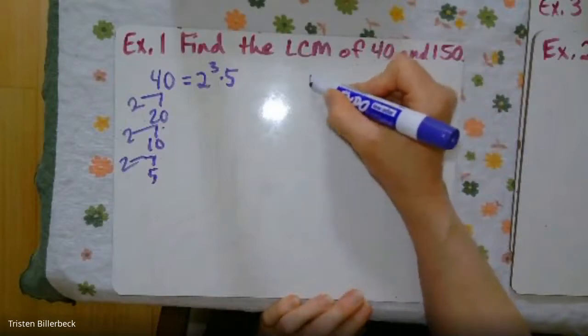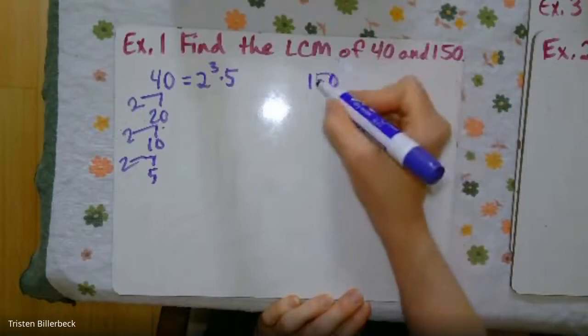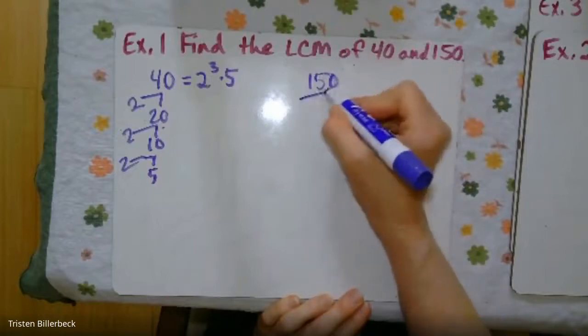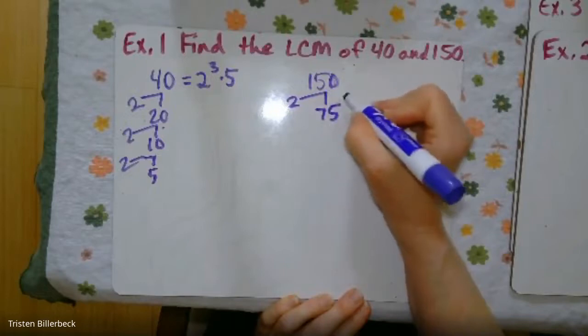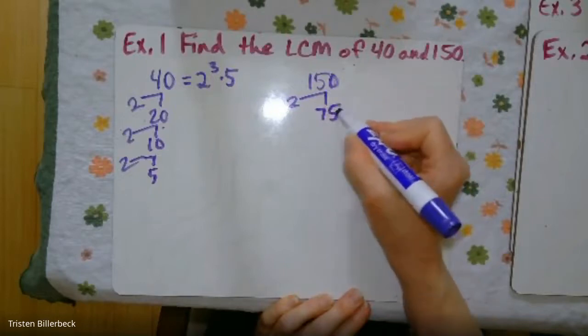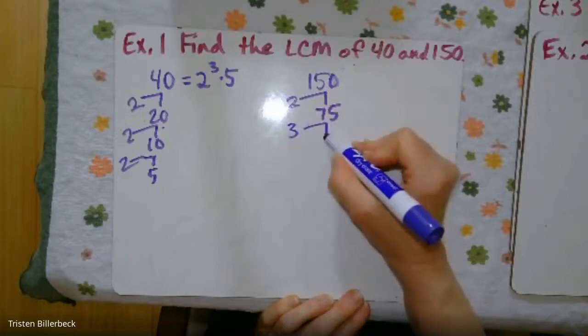So 150, we take a 2 out because it ends in 0, and that gives us 75. 7 plus 5 is 12. That means it's divisible by 3, so we can take a 3 out.